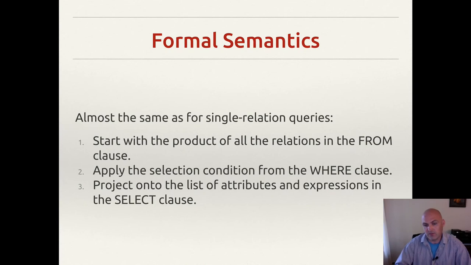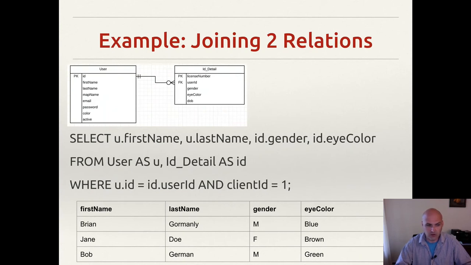Again, the semantics is the same, right? It's good enough to just go through one more time. The from clause is where we start. We get both of those relations. We apply the selection that we see down here in the where clause. So we're joining them just like I described before on that ID and the user ID. And in this case, we have another clause that eliminates anything that doesn't have client ID 1, right?